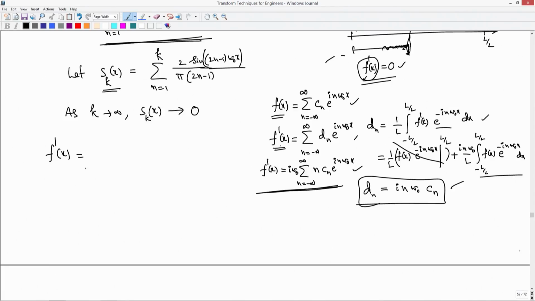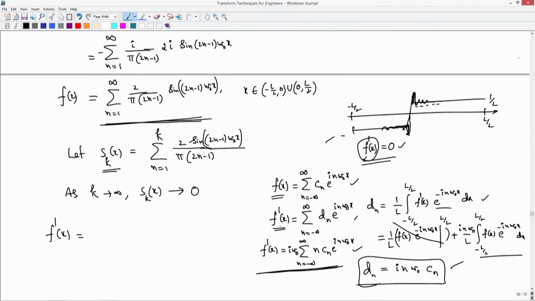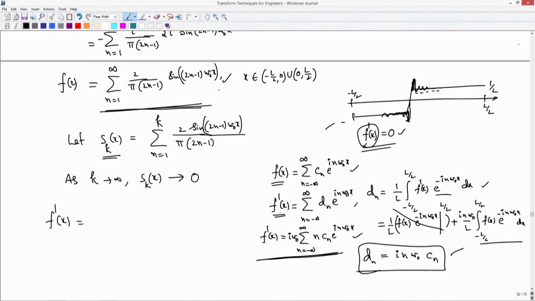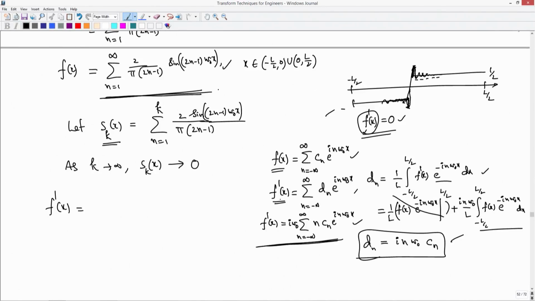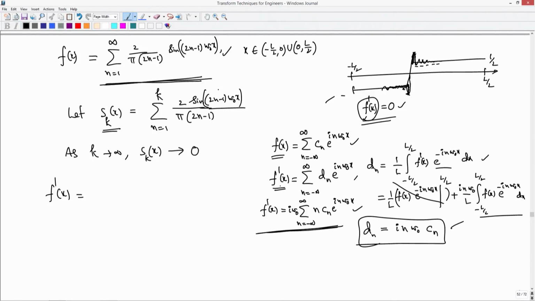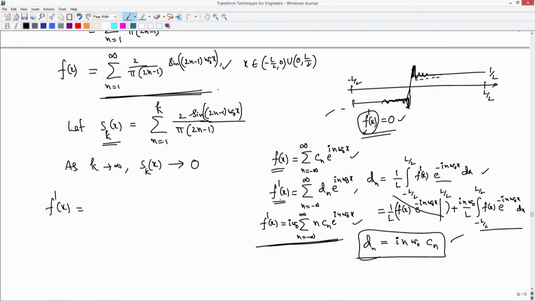So now your f'(x) is this given function, and you already have this Fourier series. If you differentiate this term by term, you get i n ω0. So given function f, if you differentiate both sides of its Fourier series, that is exactly what you got.